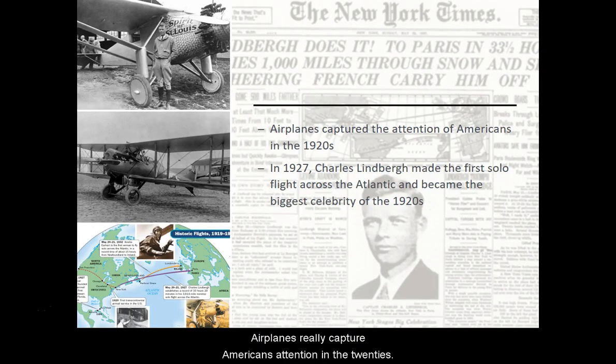And airplanes really capture Americans' attention in the 20s. Many Americans are exposed to airplanes during the war because they're either building them for the war effort, or we've got some pilots during World War I, who are called flyboys.